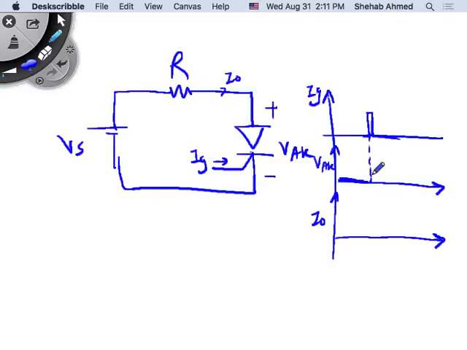So let's do current first. If I have this circuit and I provide the gate signal here, what was happening to the current before the gate signal? It was 0, right? And then how about afterwards?